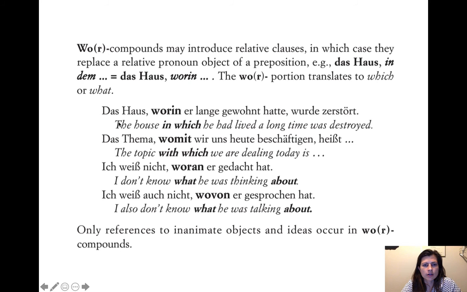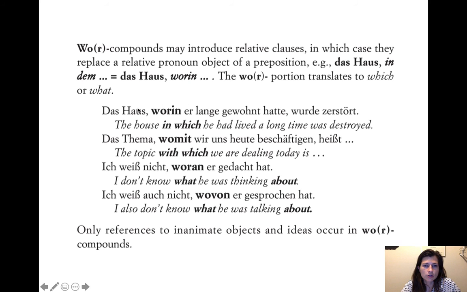So we have das Haus, worin er lange gewohnt hatte, wurde zerstört, the house in which. So you can also have das Haus in dem, right? When we did relative clauses, we also did relative clauses that start with a preposition and then have your regular relative pronoun. So it's the same.